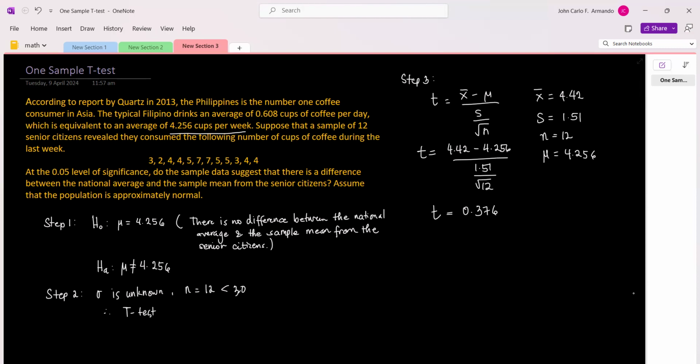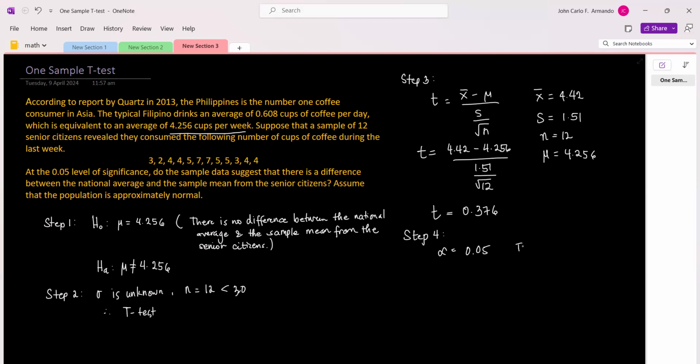Okay, what we're going to do next here is we find the critical value. Okay, step 4. So we have alpha equal to 0.05, and the alternative hypothesis uses not equal.